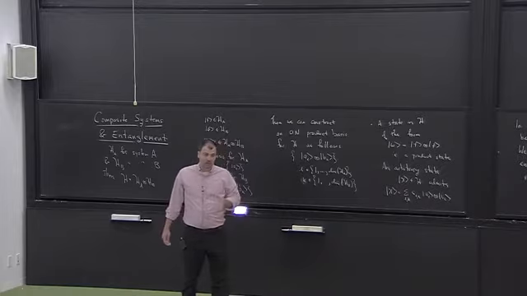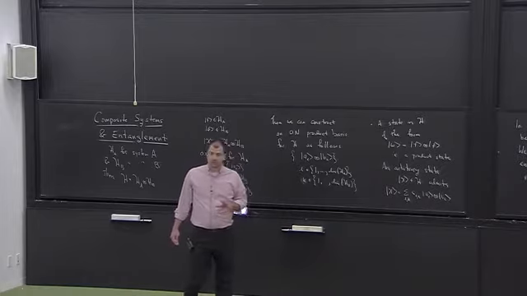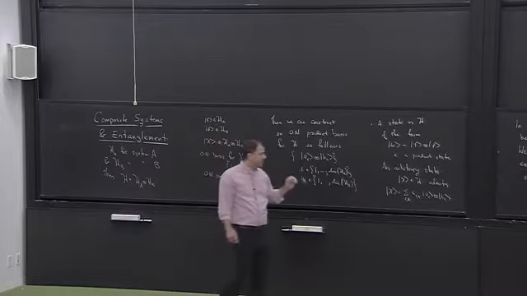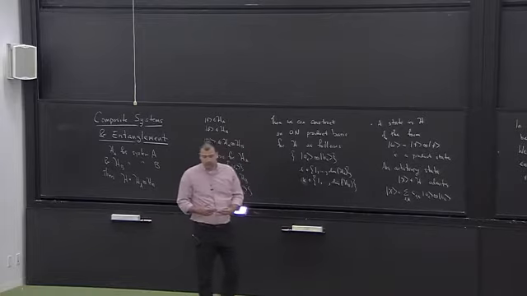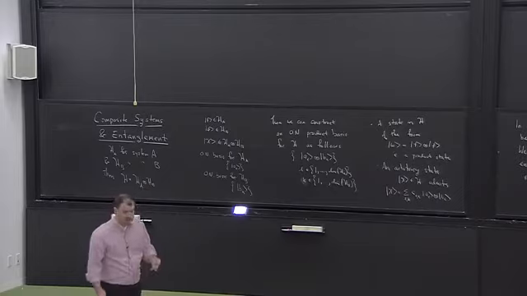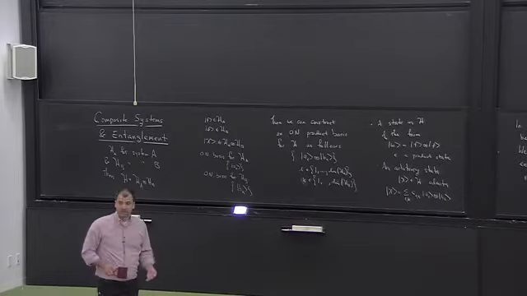And then I also want to introduce density operators. So I want to talk about the reason why we talk about states as projectors rather than vectors, and how we can account for mixed states. And then we'll be able to talk about entanglement.